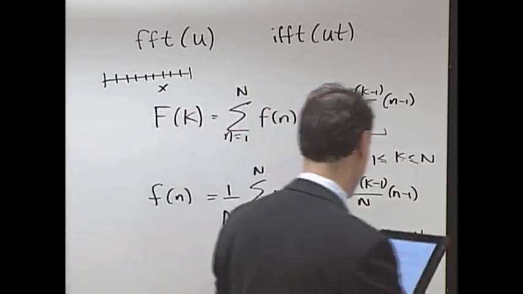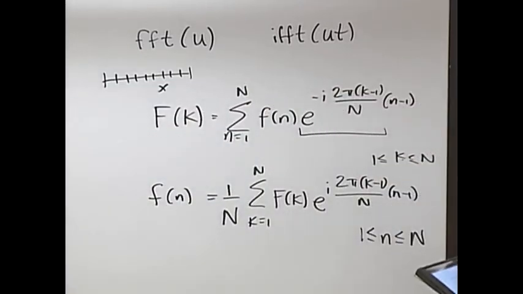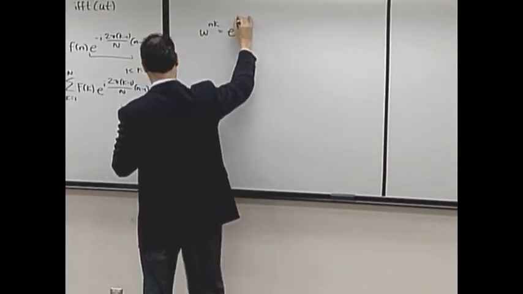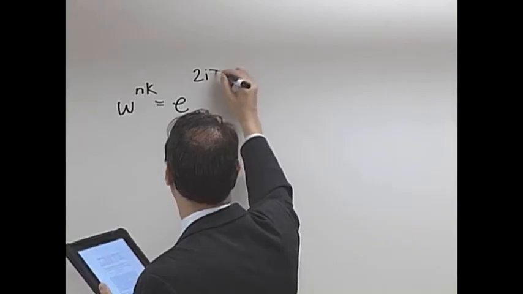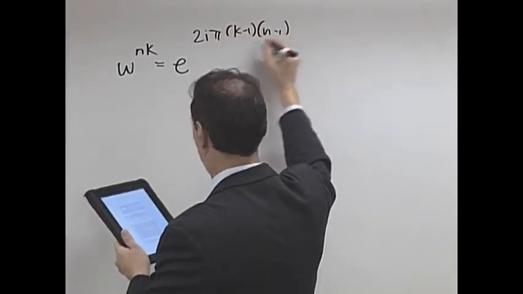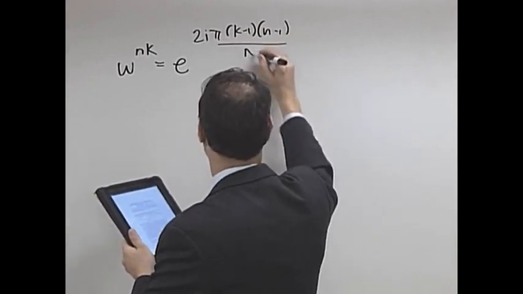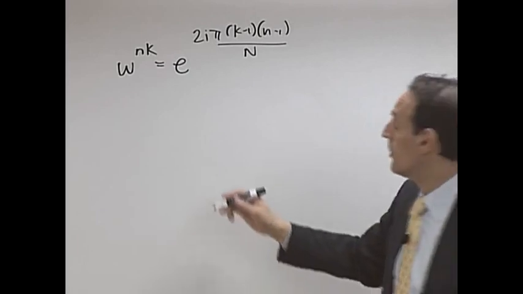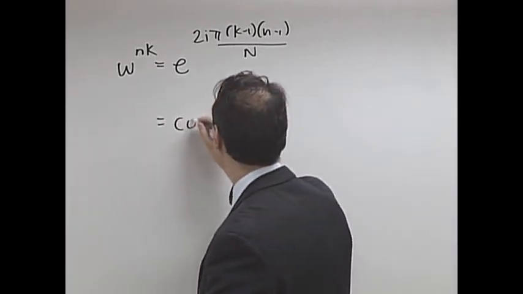So I'm going to write down this function, W n k, which is equal to e to the 2 i pi (k minus 1)(n minus 1) all over n. Okay? And remember, here's the observation to make.